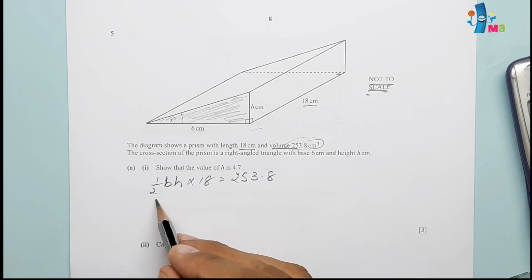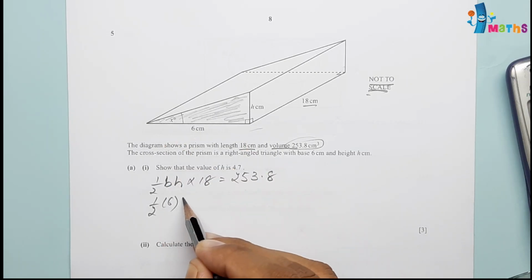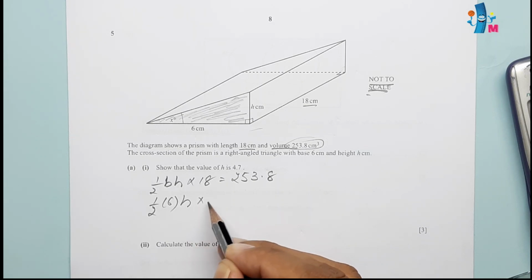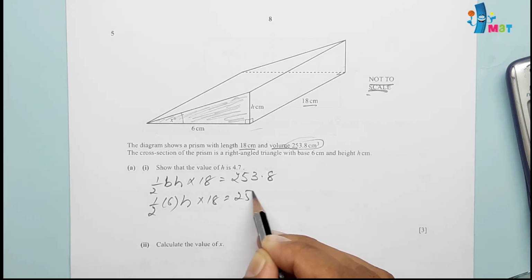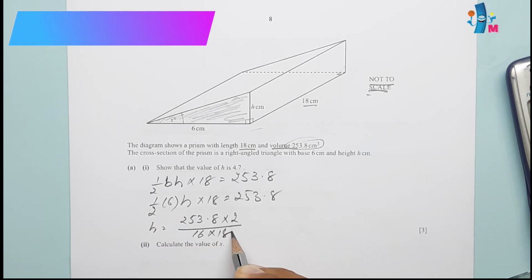So now 1 by 2 into base is 6 and height is h, which we don't have, so into 18 is equal to 253.8. Now we can simplify, h will be equal to 253.8, and these things will shift to the other side, multiplied by this 2 divided by 6 into 18.